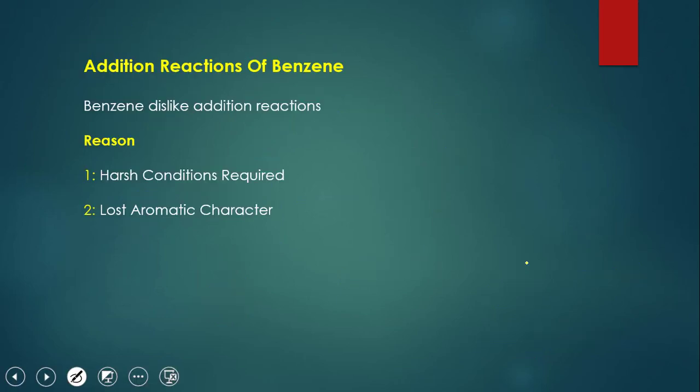Next are the addition reactions of benzene. As I told you, benzene dislikes addition reactions. The reason is, first, harsh conditions are required, and second, the aromatic character is lost. For example, benzene with 3 double bonds adds 3 molecules of hydrogen in the presence of a nickel or platinum catalyst.